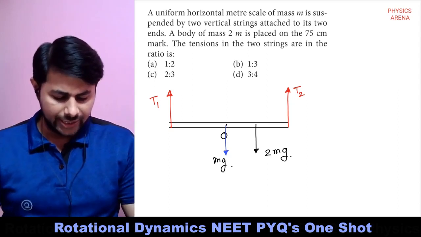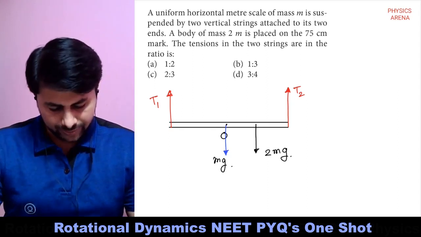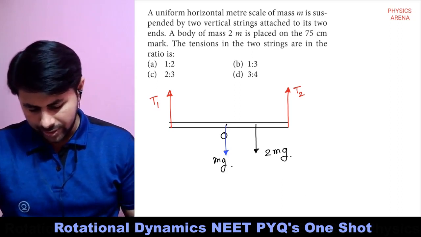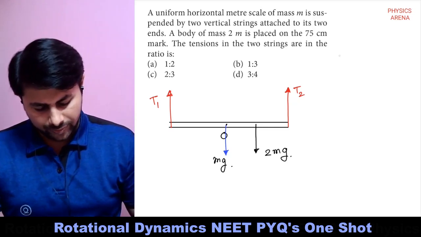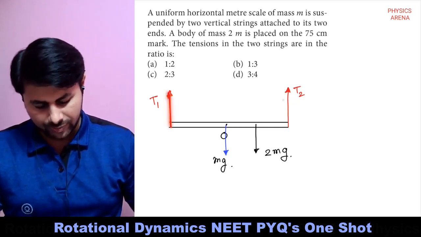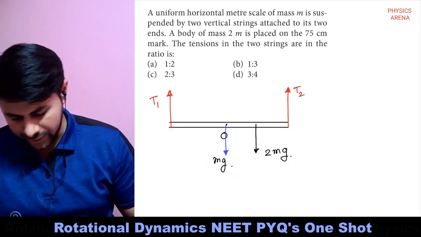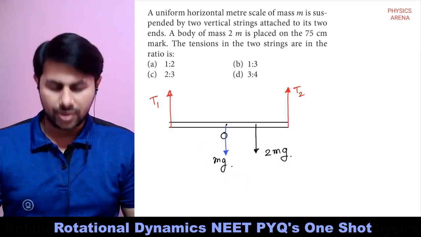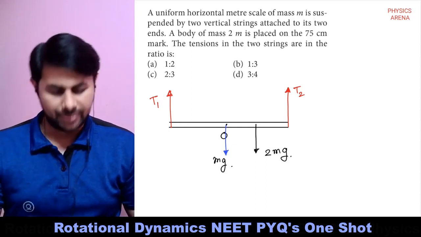Okay, so we need to take torques about some point. First of all, we can have two conditions here. These two tensions should support the total weight. So total weight is how much? mg plus 2mg, 3mg.